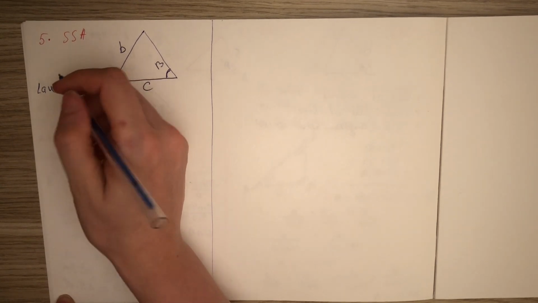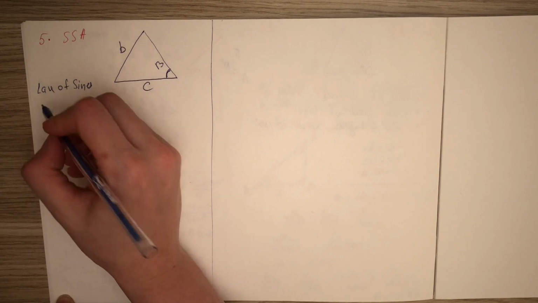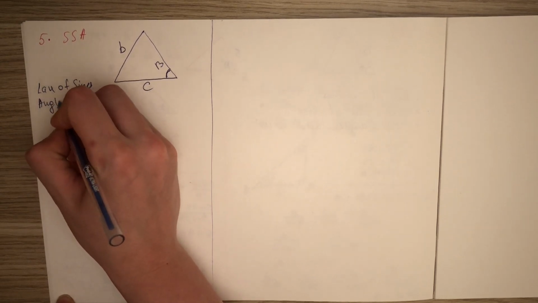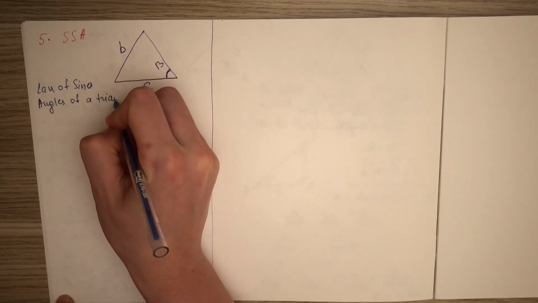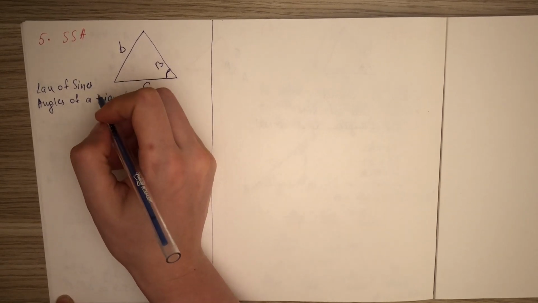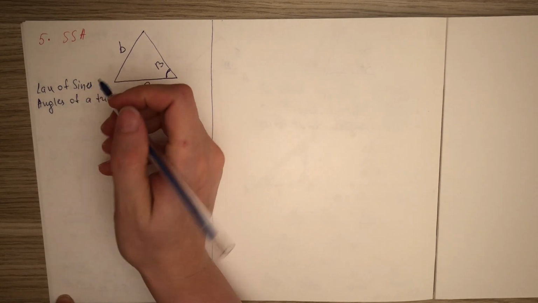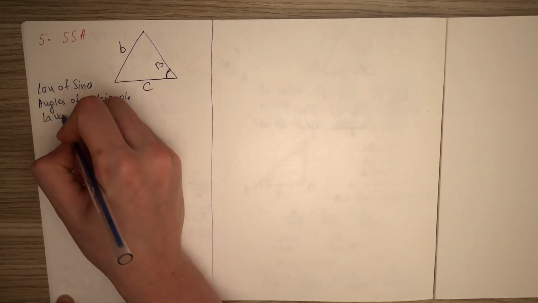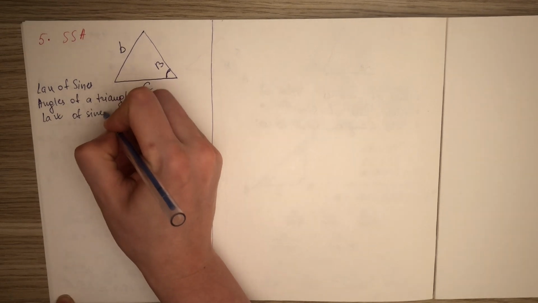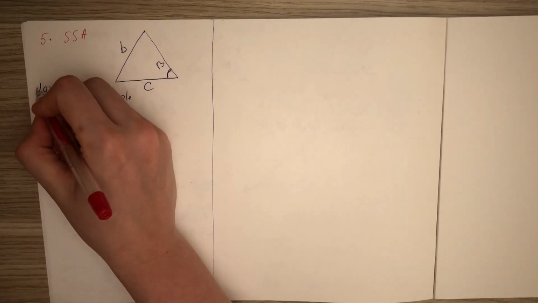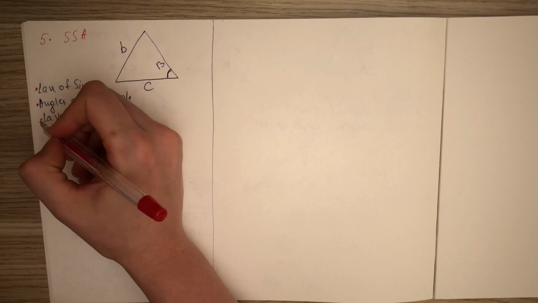Then we use angles of a triangle, then the law of sines again. Let's look through our example.